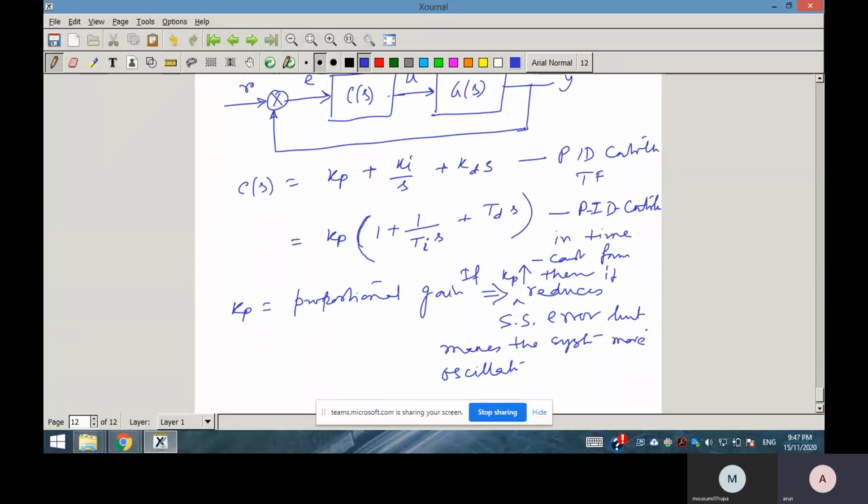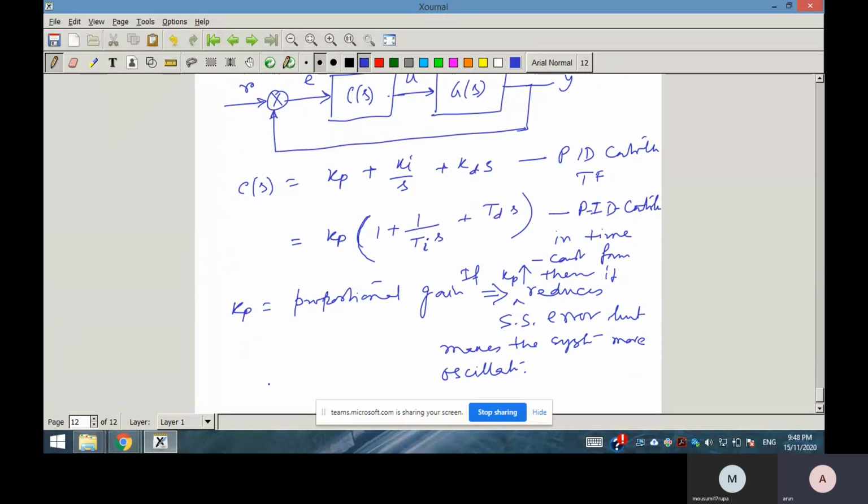That means oscillation will increase. Steady state error will reduce, but oscillation will increase. That is true in case of any feedback system. If you increase the loop gain, then your steady state error will reduce, but oscillation will increase.